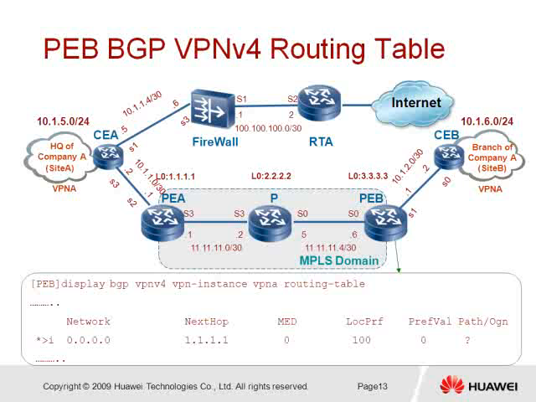When PEB receives the default route from PEA through MP-BGP, after checking the RT attribute, PEB adds the route to its VPN instance routing table. If we use the command display bgp vpnv4 vpn-instance VPNA routing-table on PEB, we can see that PEB receives the VPNv4 default route, whose next hop is PEA, through MP-BGP.